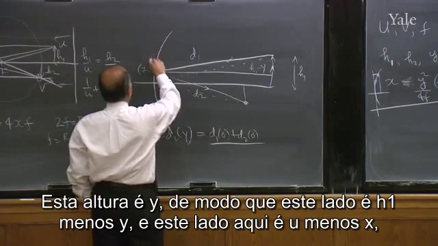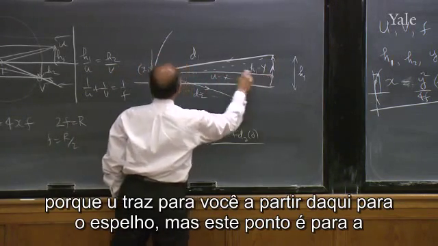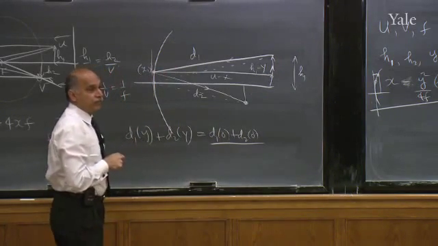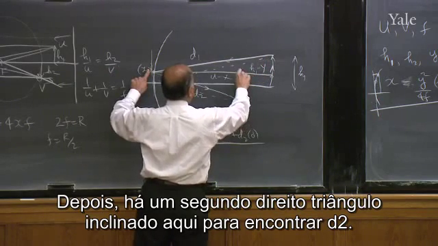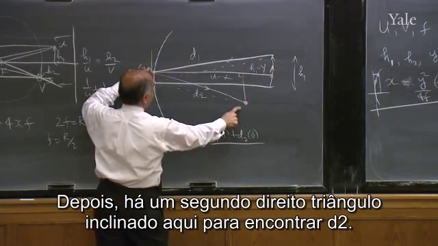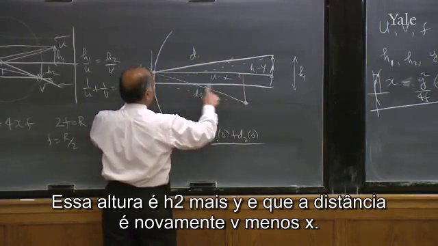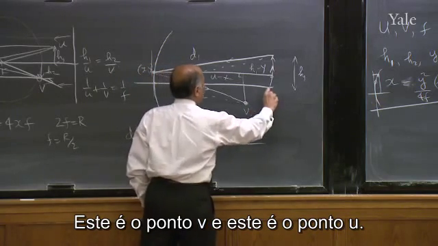And this side here is u minus x, because u brings you from here to the mirror, but this point is to the right by an amount x. That's this right triangle. Then there's a second right angle triangle here to find d2. That height is h2 plus y, and that distance is, again, v minus x. This is the point v, and this is the point u.